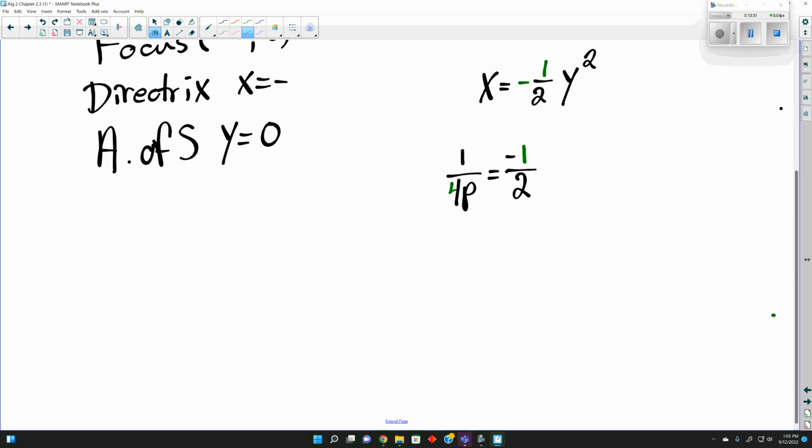What would we do next? Multiply both sides by 4p. Now we wrote it out the first time, but on the left side, 4p times 1 over 4p. Well, the 4p and 4p will cancel each other out. They'll simplify to 1.